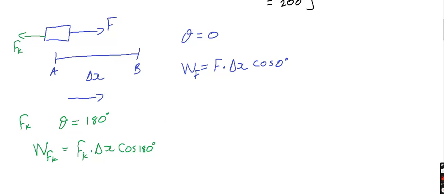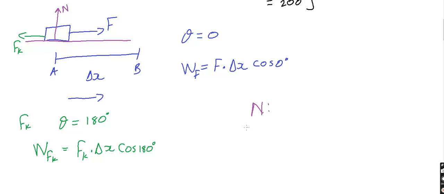One other force that could be acting, or two other forces, but I'll choose one, is the normal force. The normal force is pointing perpendicular to the surface over which this object is moving. The object is still moving in the displacement from A to B, in other words, delta x, but there is a force pointing upwards, which is the normal force.